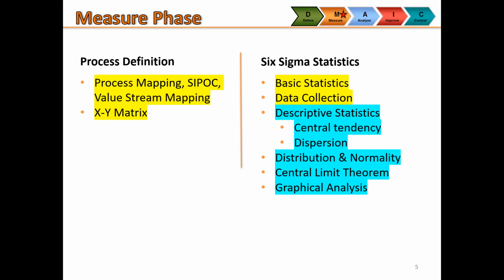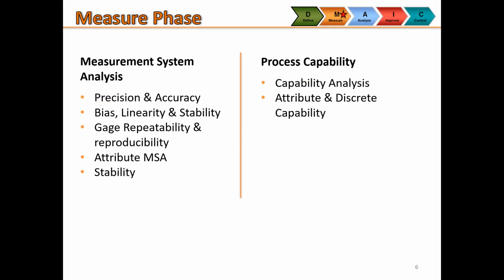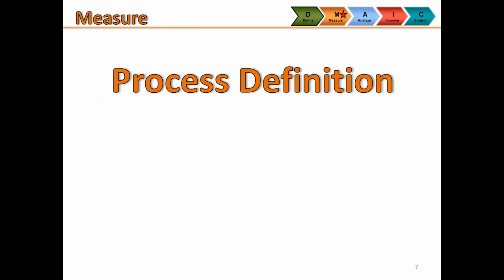And then the next class, we're starting to do some statistics. And they're pretty easy and pretty fun. Then we'll get into measurement system analysis, including gauge R&R, what's the difference between precision and accuracy, process stability and capability, and that'll be it.